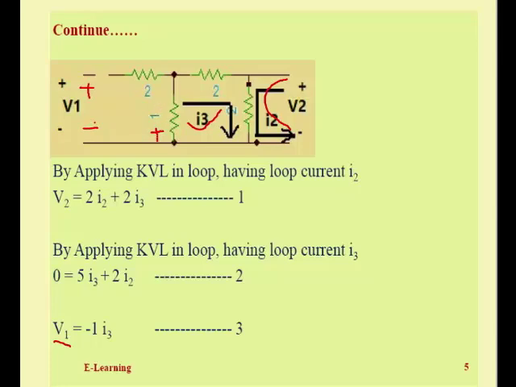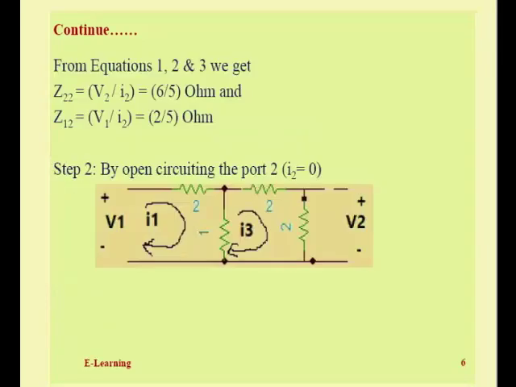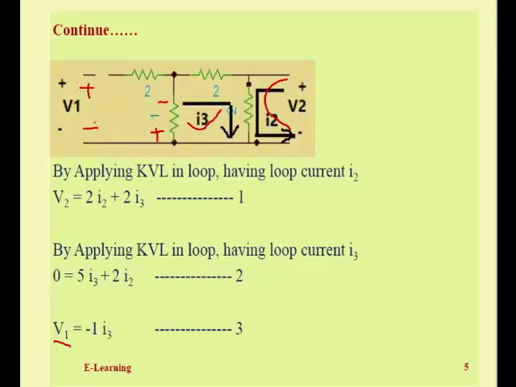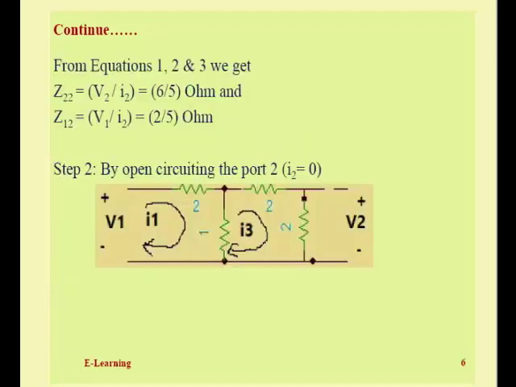Hence we have to put a minus here, and now V1 is equal to minus I3. From equations 1, 2 and 3, we get Z22 is 6 by 5 ohm and Z12 is 2 by 5 ohm. So our two parameters have been evaluated.